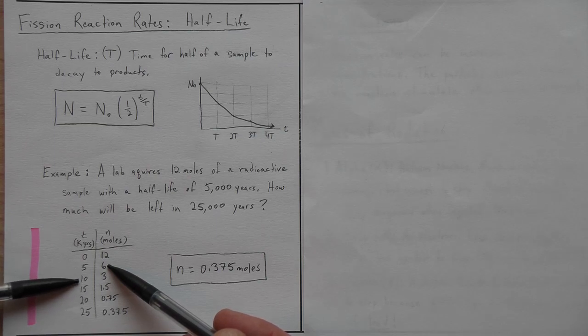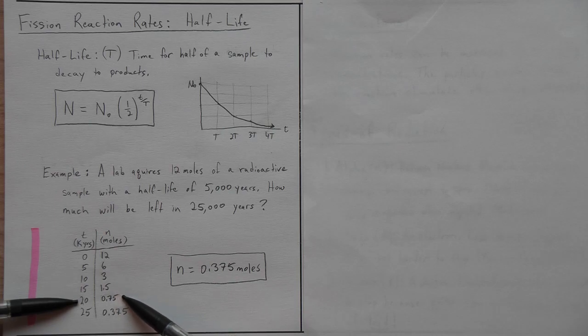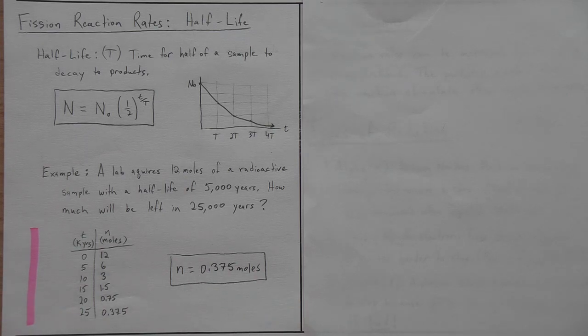Another 5,000 years goes by, I decrease another half. Another 5,000 years, another half. And then in another 5,000 years, by half again. And there's my answer. So in the Regents, the problems are all of this nature, where you're simply dividing by half the right number of times to get how much is left.